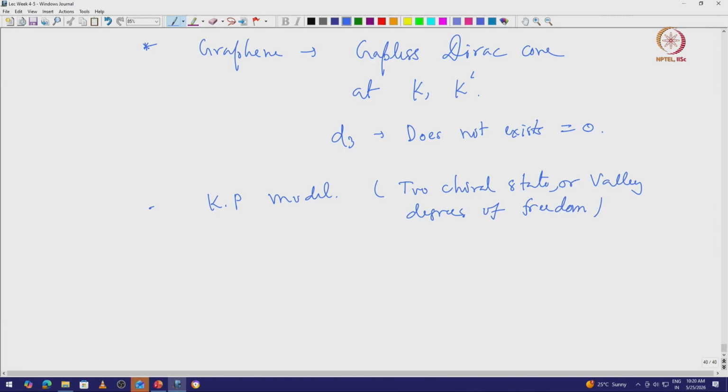So, to write a k dot p model at the low energy, we do have to now include CKA, CKB. Now, I want to do it around K plus QA, K plus QB, and we also need to include the other valley, K prime plus QA, K prime plus QB.